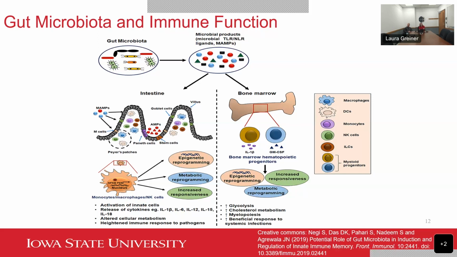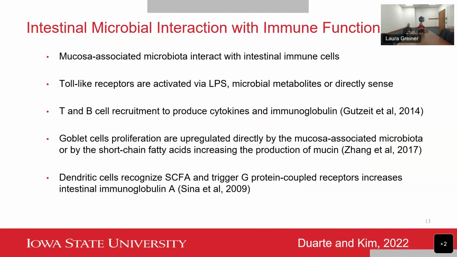They're also, of course, increasing things like cholesterol metabolism and glycolysis. And so that's where the gut microbiome becomes very interesting very quickly, because it is not just within the gut that it stays. The metabolites themselves can move out of the gut and have this greater impact on the body.